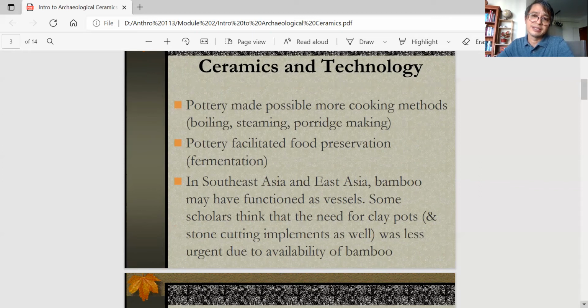And also in the past centuries, even if they have been acculturated into a more modern way of living, people still continue to use bamboo as a storage vessel for fluids and liquid foodstuffs.